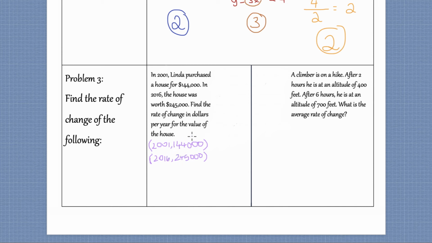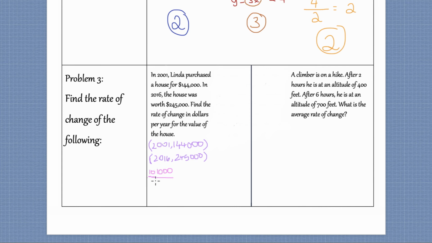So remember, the slope formula is y2 minus y1 over x2 minus x1. So y2 minus y1 is the same thing as 245,000 minus 144,000. So that's going to end up giving us 101,000. And remember, that's over x2 minus x1. So in this scenario, x2 is 2016 and x1 is 2001.